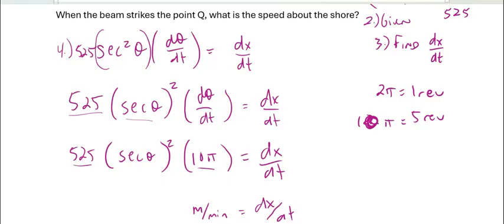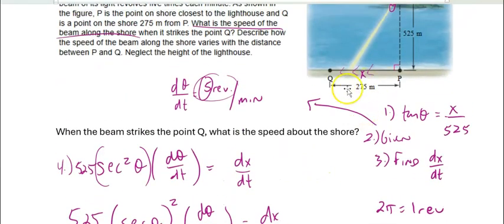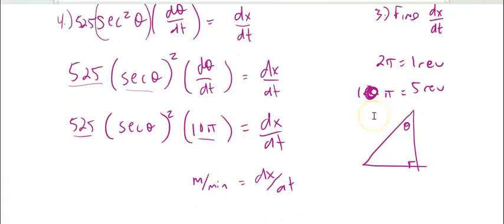So there's a couple ways to do that. Back to your picture. That's theta. And now we bring in that they're asking about the moment in time when the beam is 275 meters, that this distance is 275. So now I can bring that 275 in for this particular moment in time.